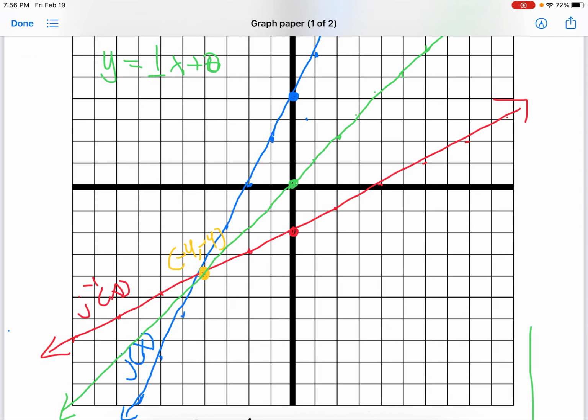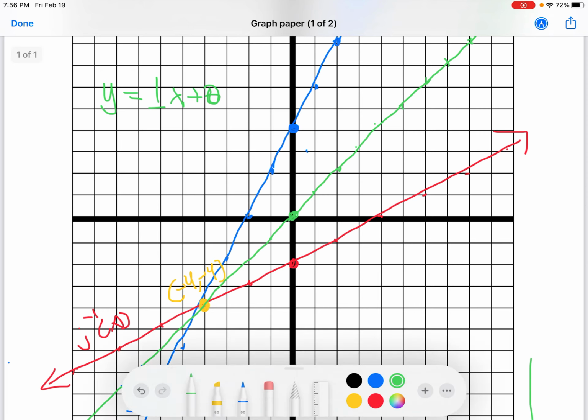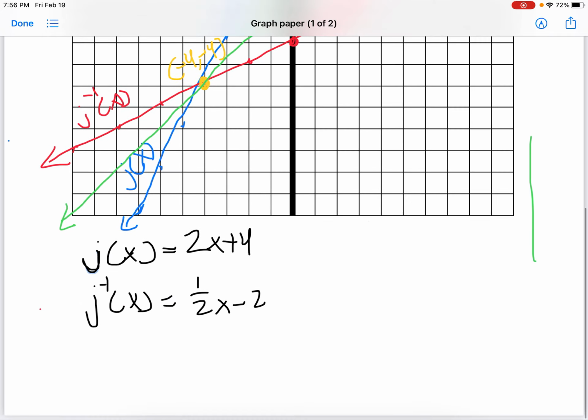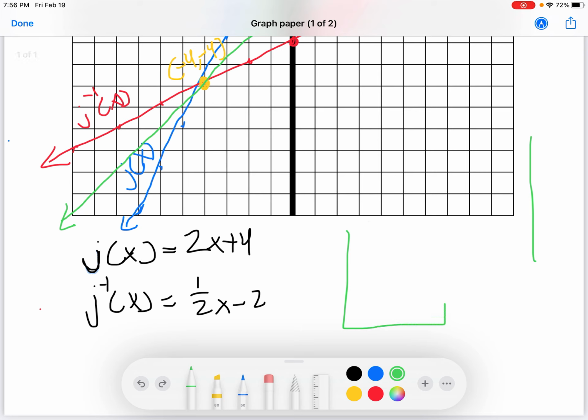If we folded the grid on this line, so we folded this part over, these two lines, which are right here and then here, they would line up with each other. They would be over top of each other like this.